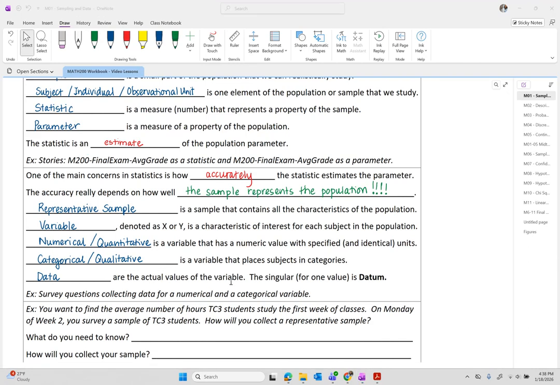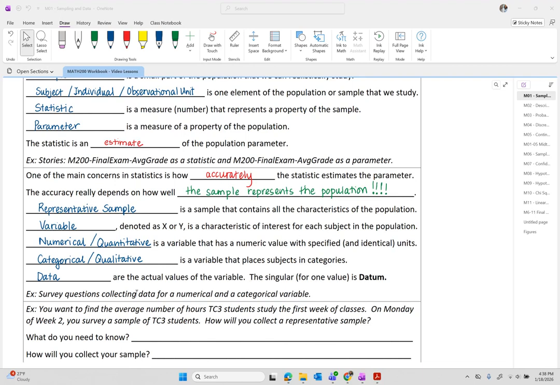The actual values of the variable that you collect are called data. And data is the plural for the singular word datum, and data is the collection of the values.